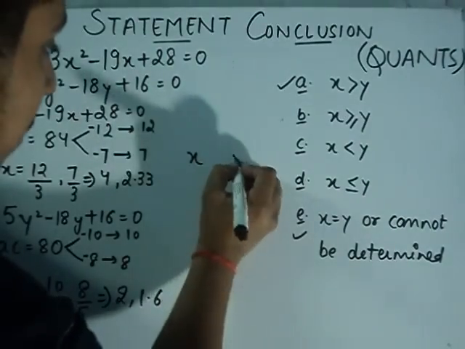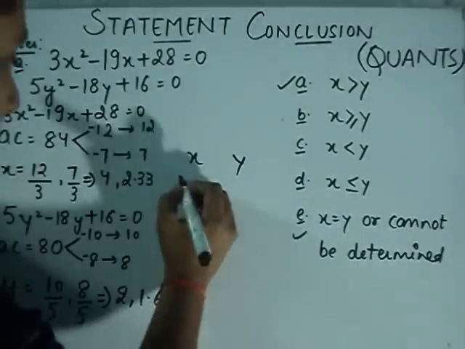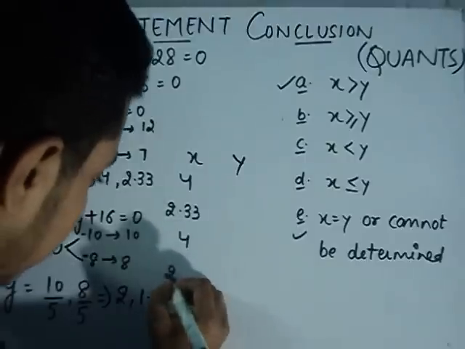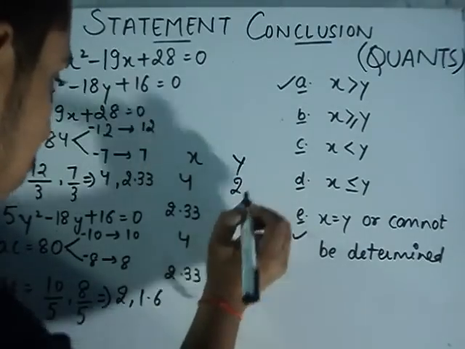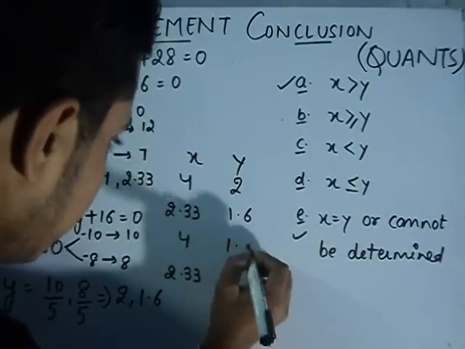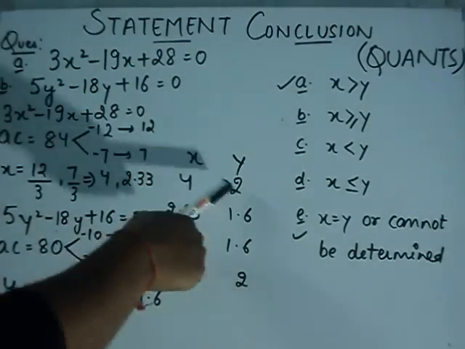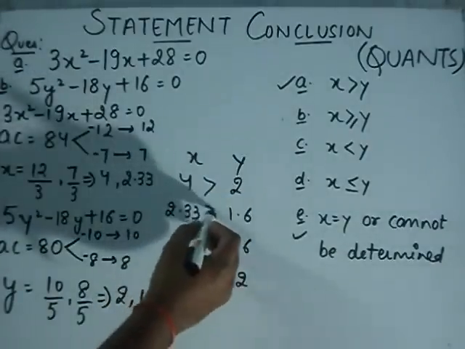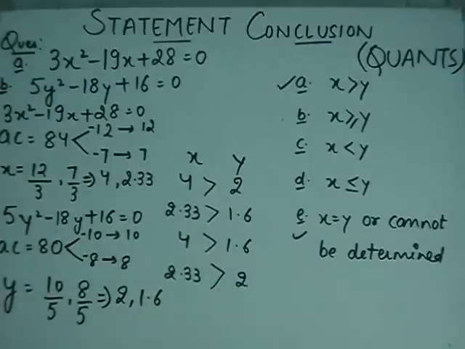Now create a table for x and y to establish a relation. We are having these values and 2, 1.6, 1.6, we get 2. This value is greater than this, this value is greater than this, this value is greater than this, and this value is greater than this.